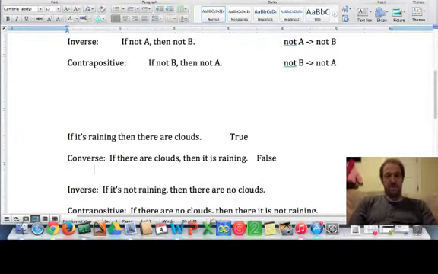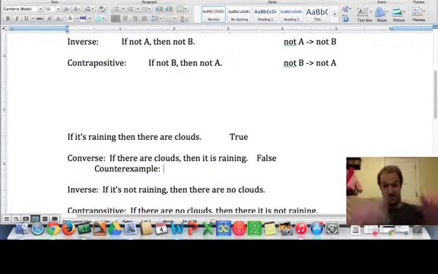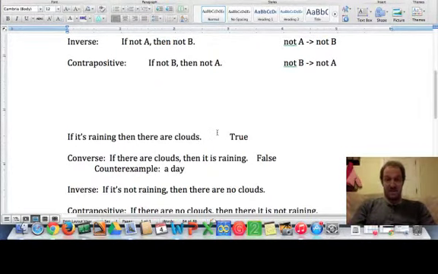And for false statements, we will always have something called a counterexample. A counterexample is just an example that shows that this statement is false. So if there are clouds, then it's raining. A counterexample would be a day with clouds when it doesn't rain.